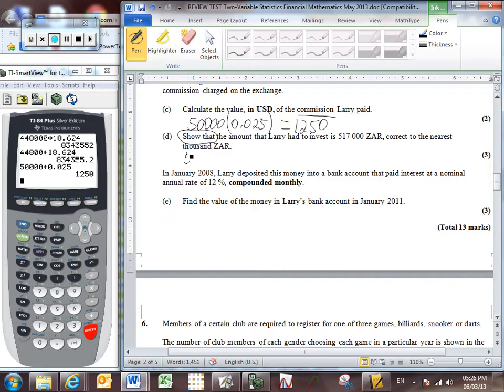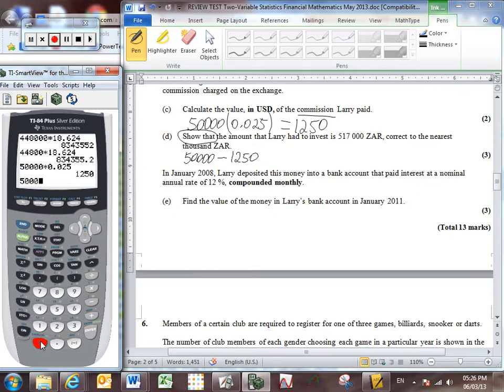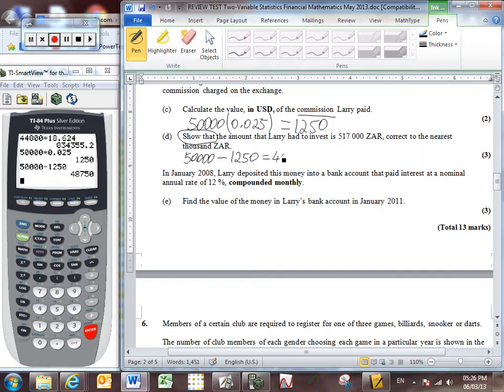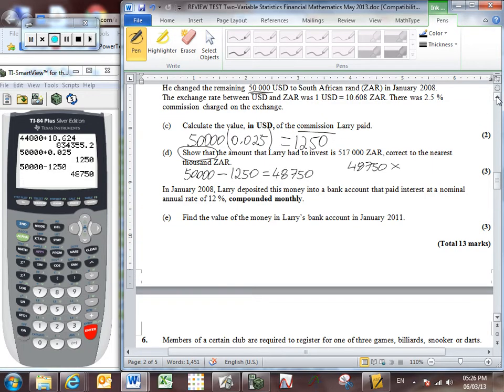The 50,000 that he originally had has had 1,250 of commission removed from it. And so now he's only got 48,750 to convert. That 48,750 is converting to South African rand at the old exchange rate, because this had happened before he retired in 2008.